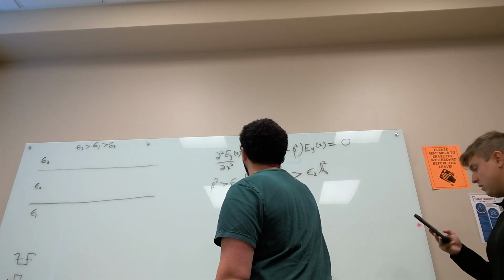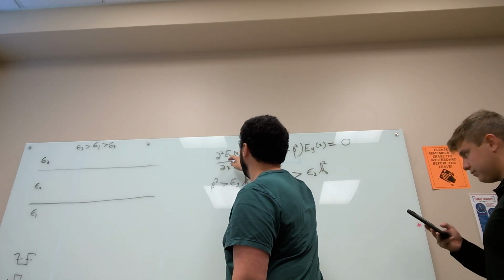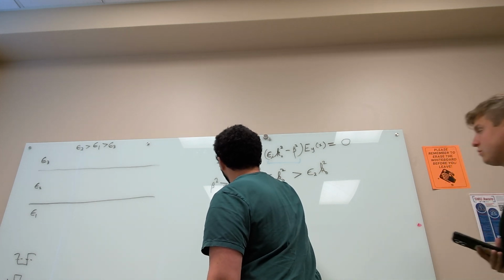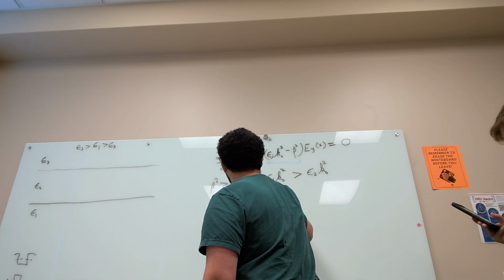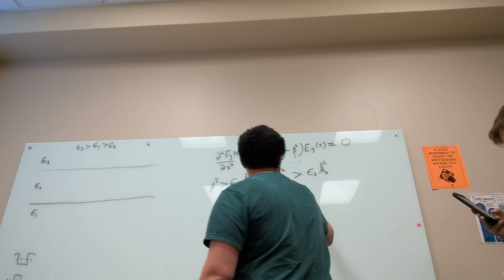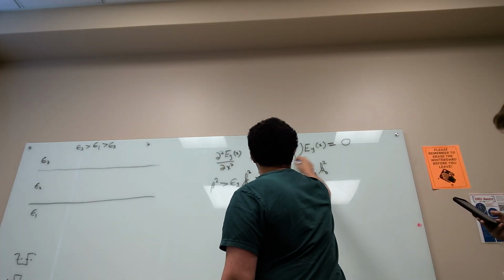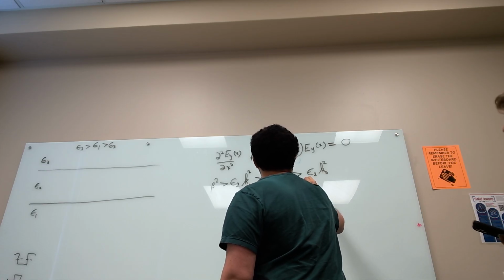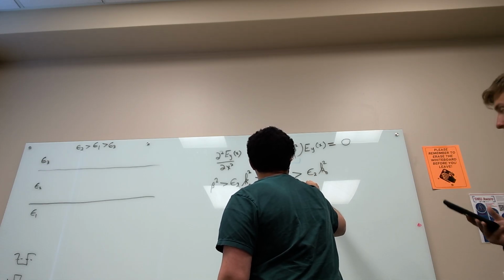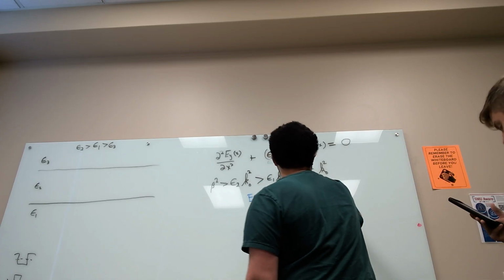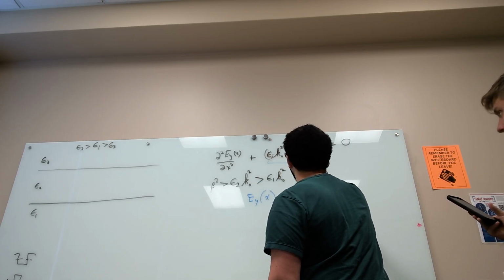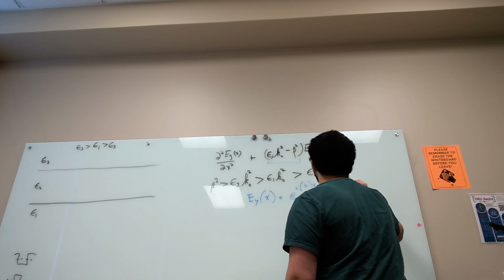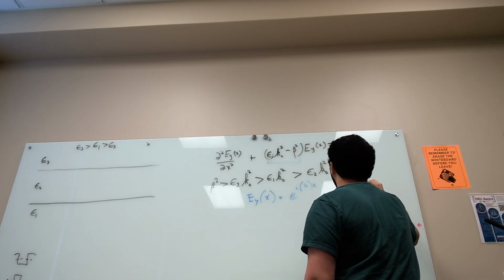And the solution is, what is it, EY of x equals e to this times x. You just call it h or some variable. H, okay. Where h is equal to psi.